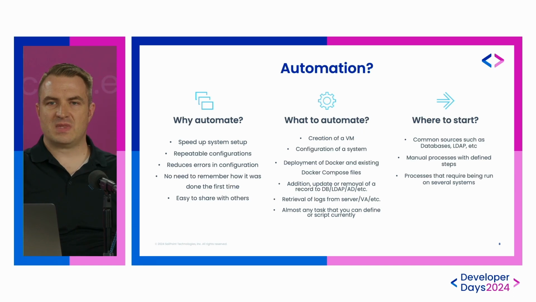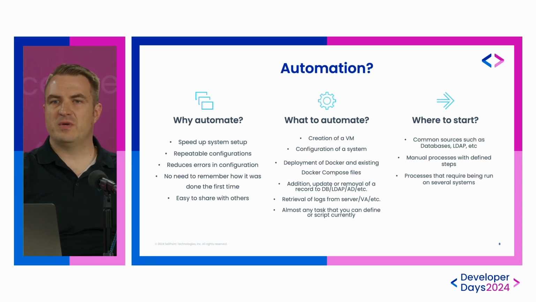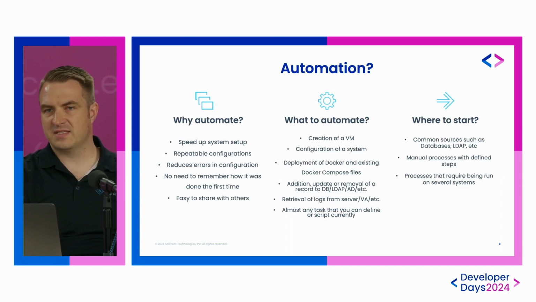Okay, so why do we want to do the automation for this? Some of the reasons that you would want to is just simply to speed it up. If you find yourself configuring Tomcat each time you want to set up a new development instance, then wouldn't it be great if you could just run one command and have it be brought up?